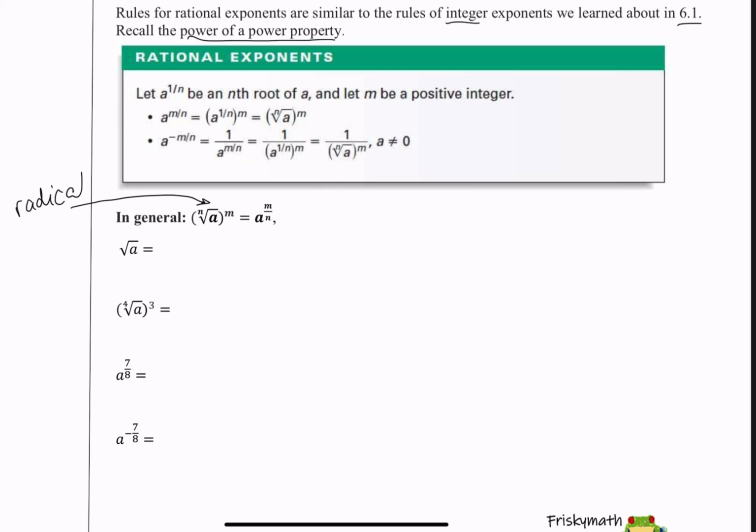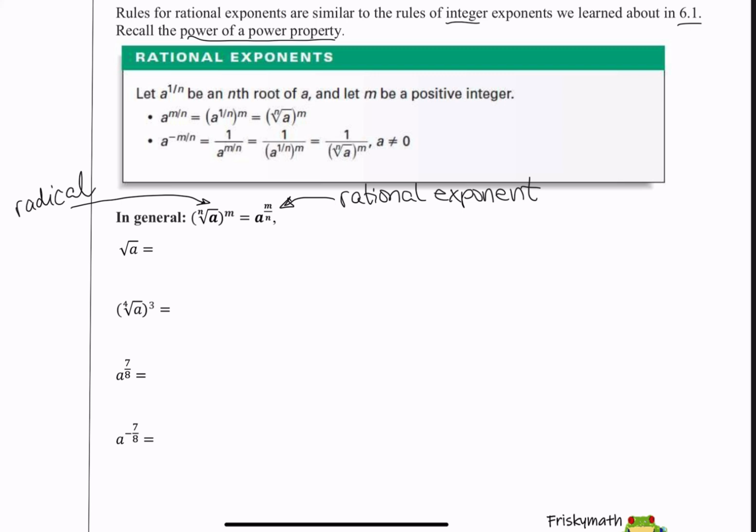It's got that radical sign, can equal something that looks like this, which is in rational exponent notation. And you have to be able to go back and forth between these two different types of notation for various reasons.